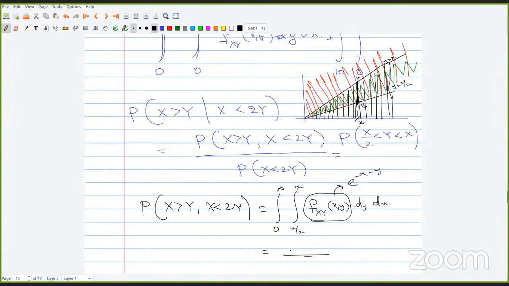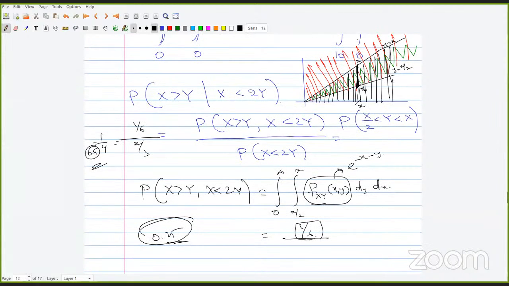You will get something around 1 by 6. So this will be 1 by 6, and the denominator we computed in part 1, it is 2 by 3, and this will give you 1 by 4, which is 0.25 as the answer. So you just cross check this.